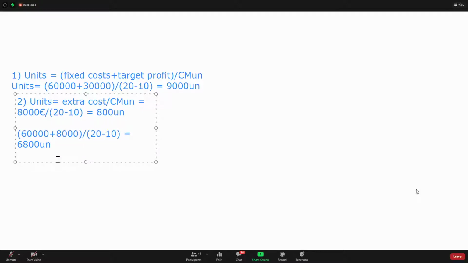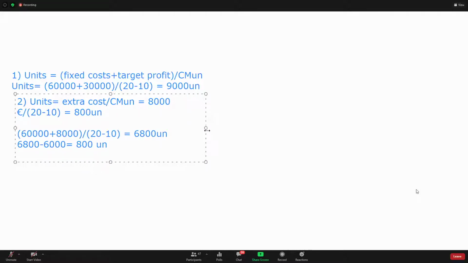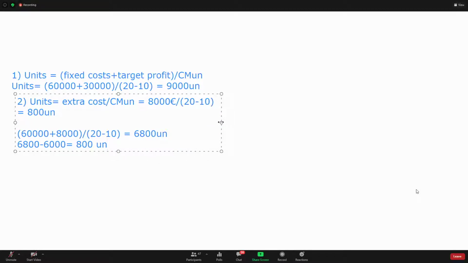So what we would now need to do is to make the difference between this and the original break-even, which doesn't include this 8,000, that would be 6,000. The difference, 6,800 minus 6,000, gives us 800 units. So these are two options to go about this question, and you can choose the one that you prefer.